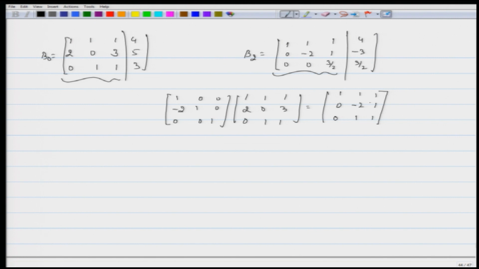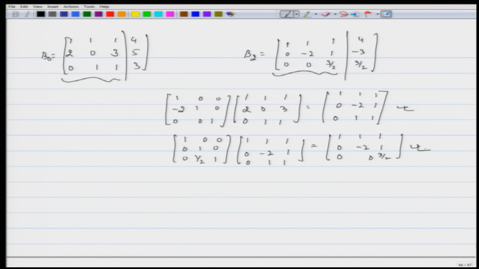This is what I got, fine. In this, given this matrix 1 1 1, 0 minus 2 1, 0 1 1, we have 1 1 1, 0 minus 2 1, 0 0 3 by 2. So, here I had looked at the third one. So, it was 1 0 0, 0 1 0. So, you have to multiply half here, had half here, this is what I had. So, if you see on B 0, first we multiply this matrix which is L 2 for me, and then L 1 here to get me B 2.